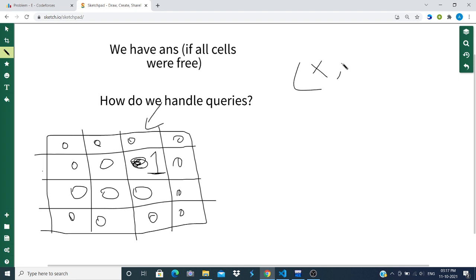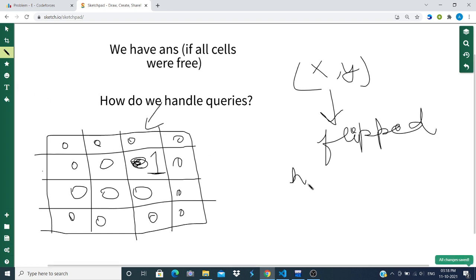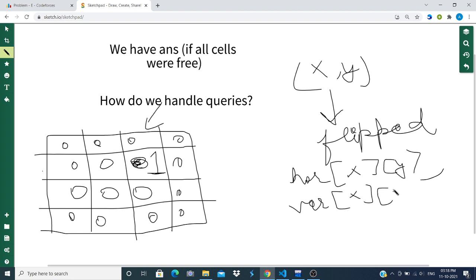The first thing to observe is the number of staircases if we are changing the cell x comma y. If the cell x comma y is flipped, obviously horizontal of x comma y and vertical of x comma y will change, and we need to handle that considering several corner cases as well.